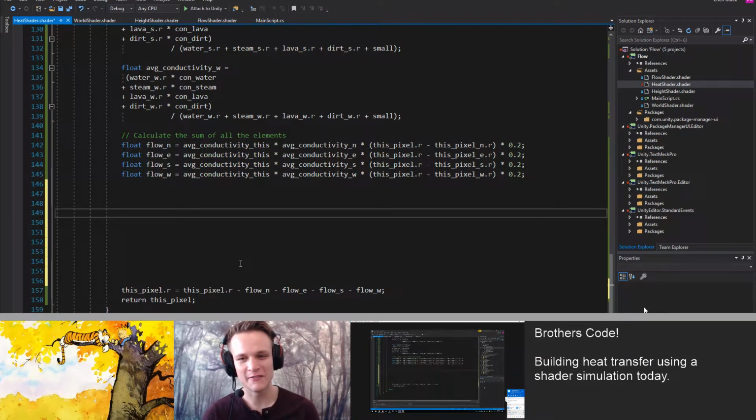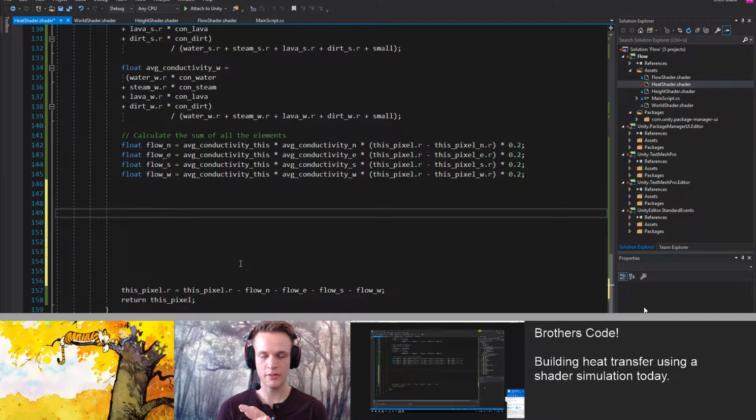I think you're right about doing this in two steps is what I'm saying. The first step you do is you calculate everything's current heat in the cell based on the temperature and the heat capacity of every element. So you back calculate the heat from the temperature.